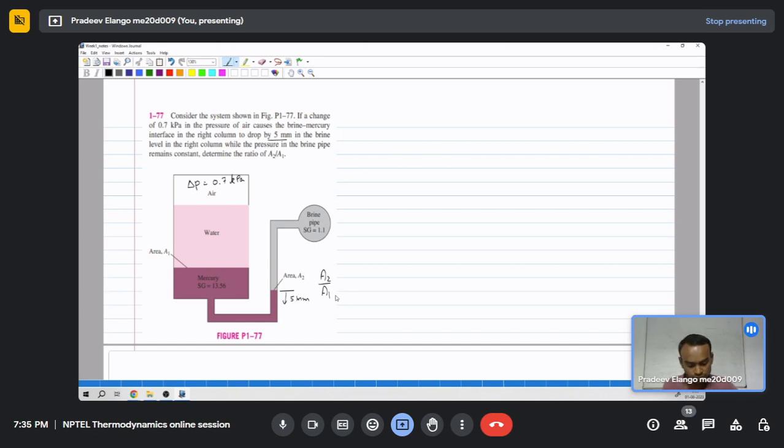So initially, for simplicity, I assume that both the levels are same before the pressure change occurs. So that means with the air pressure PA we have this column.